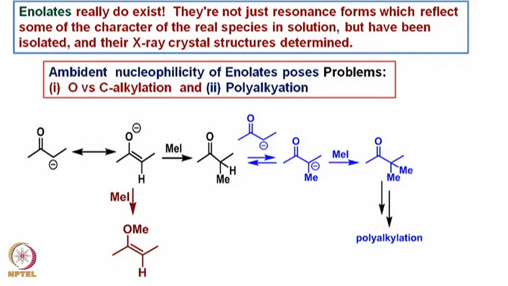Now enolates really do exist. They are not just resonance forms which reflect some of the character of the real species in solution, but actually they have been isolated and their X-ray crystal structures determined.